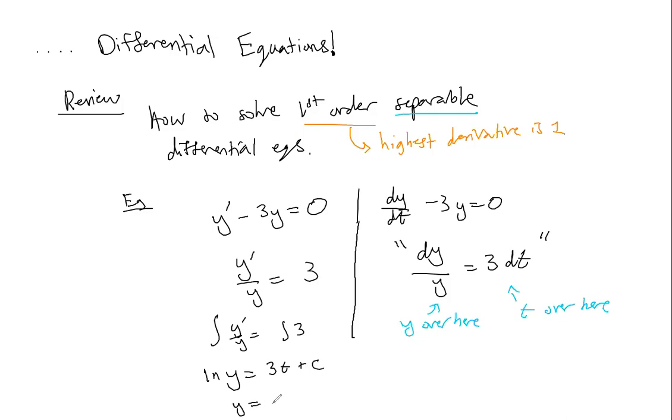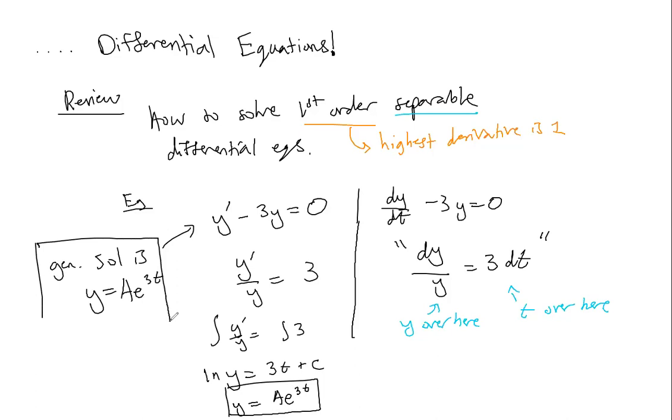So y is equal to some a e to the 3t. Right, so this has solution. The general solution is y equals a e to the 3t. So we're going to get very familiar with these exponential solutions to these equations.